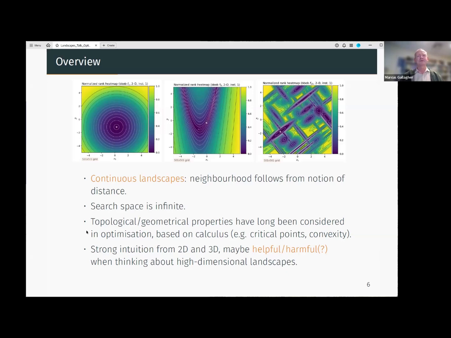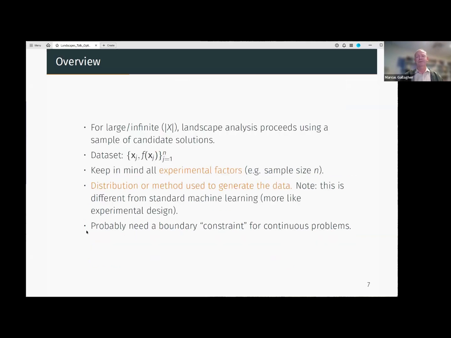But I'm never quite sure whether this 2D, 3D intuition actually helps or harms us when we're trying to think about how an algorithm might behave in a 50-dimensional landscape or a 100 or, I don't know, a million-dimensional landscape. So that's something to keep in mind, I guess.